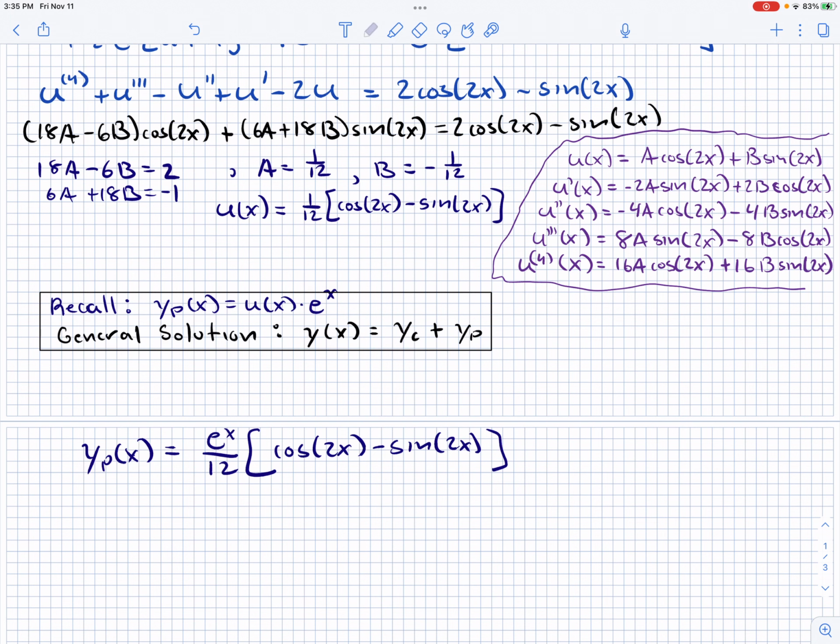And then, of course, because I wanted the general solution, the final step is to just combine the complementary with the particular.